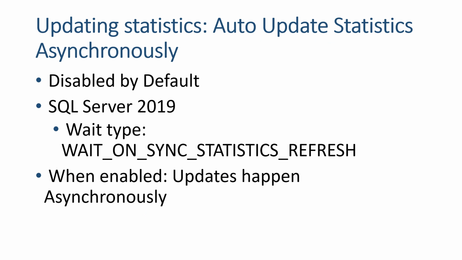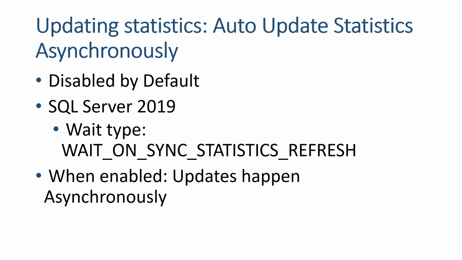Now, when you turn this option on, whenever SQL Server encounters statistics that are already outdated, it will say, okay, I know the stats got outdated, but please hold off and do not update them, because the auto update stats asynchronously option is now on.